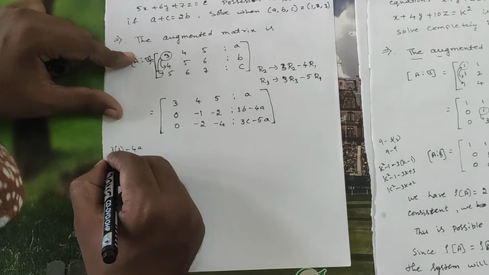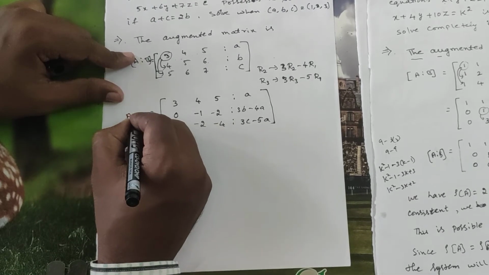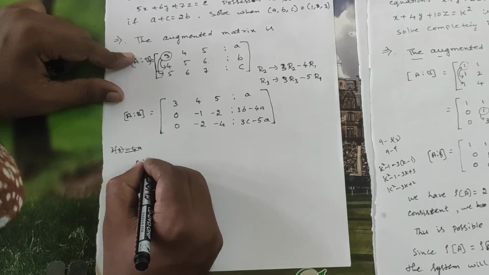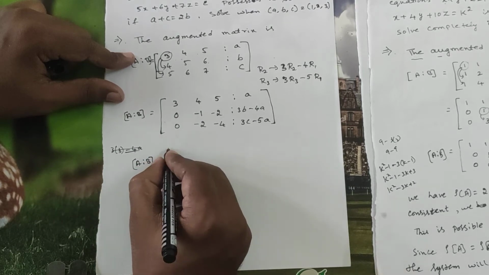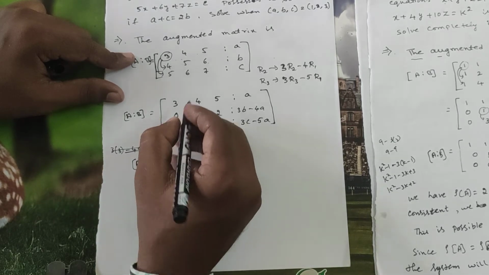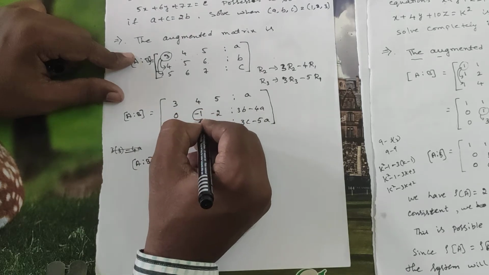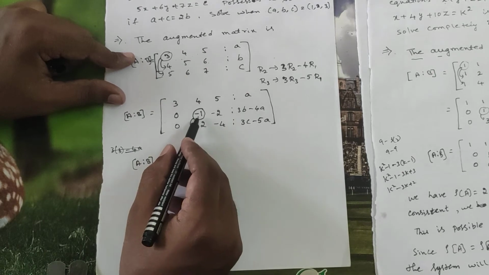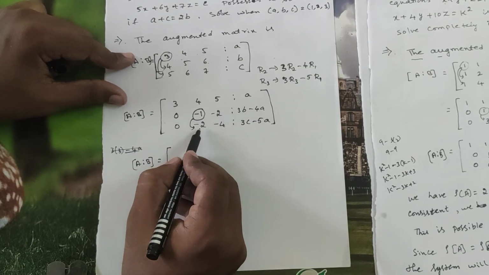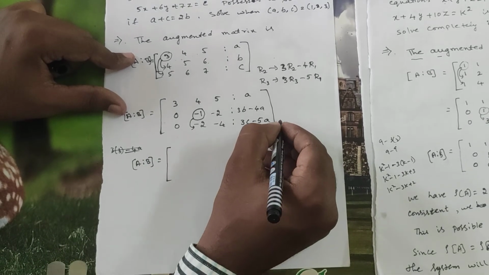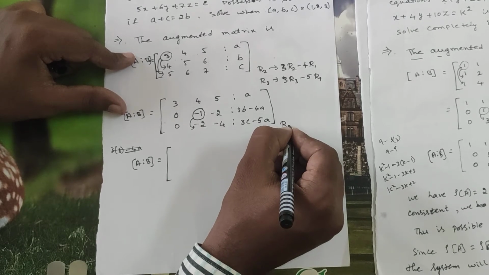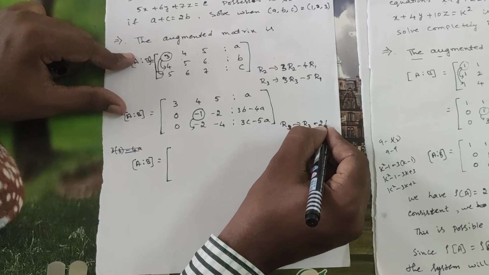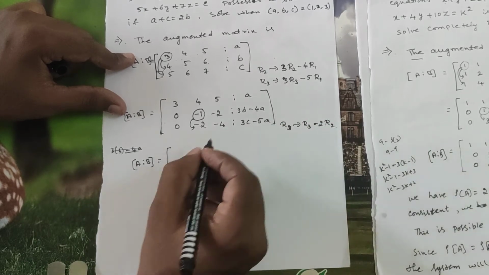So now what do you get? A, B. Now make R3 second element 0 using R2 second element. So what do you get? Row operation now: R3 minus 2 times R2.